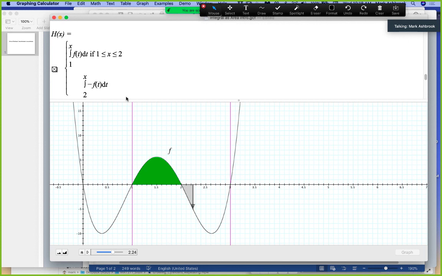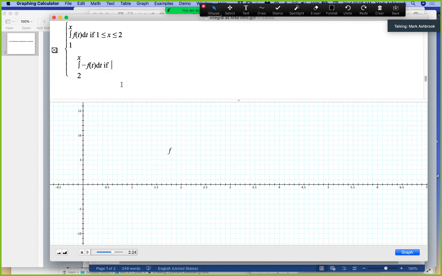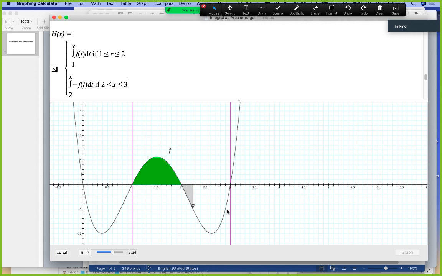But this is if 2 is less than x is less than or equal to 3. When I plug in x equals whatever this is, 2.24, I want to get all the accumulated area. So how do I need to change this?